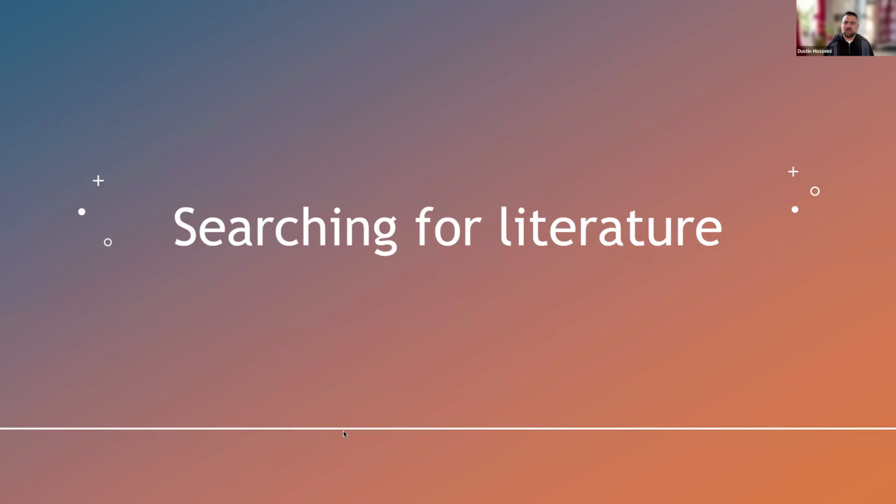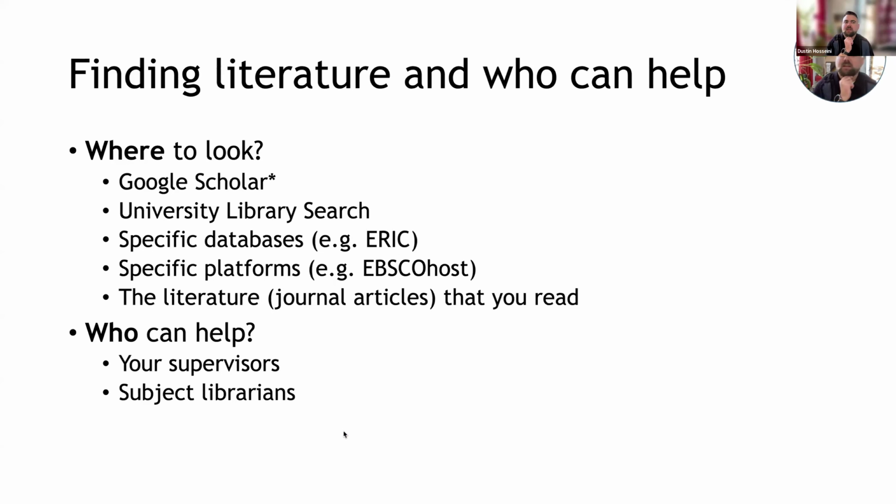Now, searching for the literature. A good place to start, I think, and some people might disagree, is Google Scholar if you have access to it. It's a good idea just to test the waters, to get an idea of what is out there. However, if you're going to do a systematic narrative review or a systematic review, don't rely on Google Scholar.